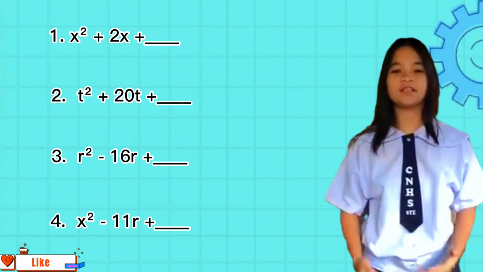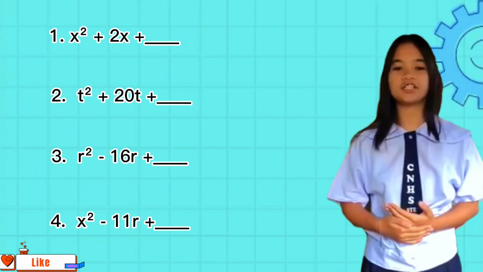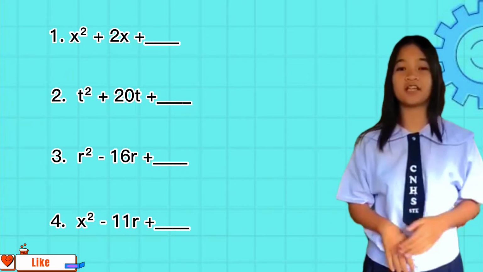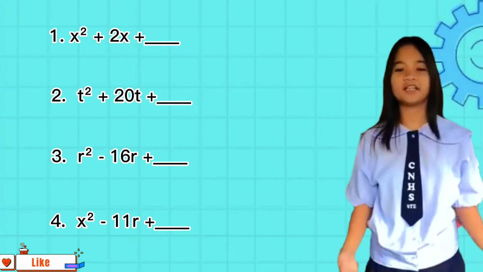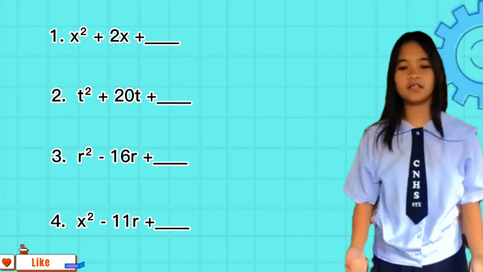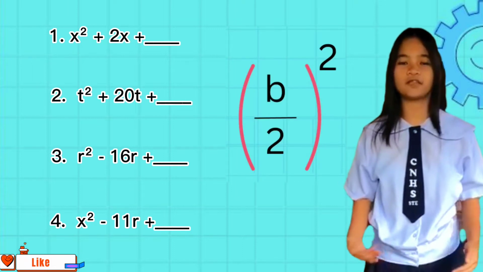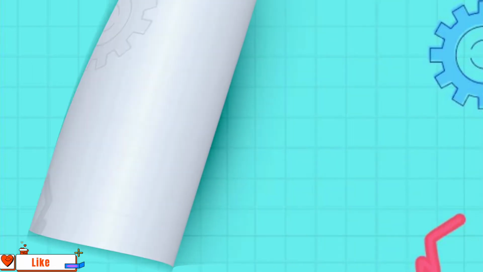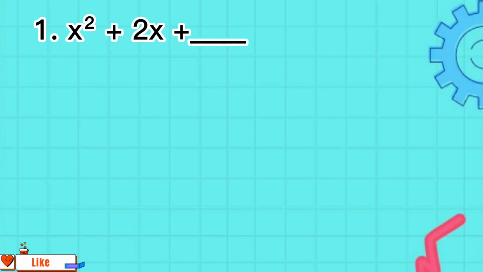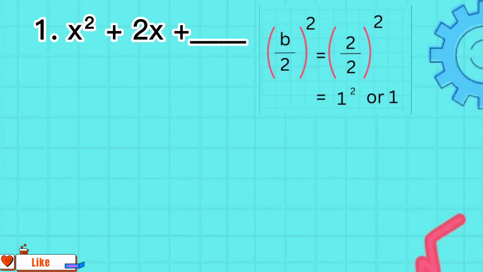Can you determine the number to be added to make each expression a perfect square trinomial? To find the number to be added, we will use the formula (b over 2) squared. In number 1, b is 2.